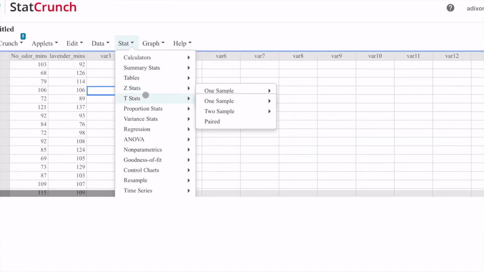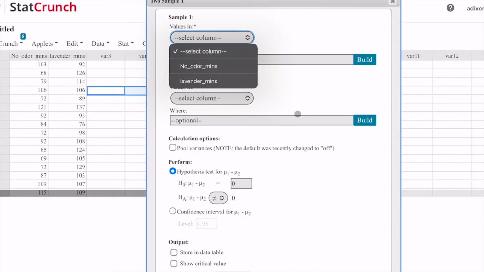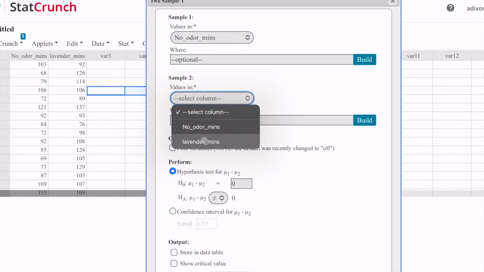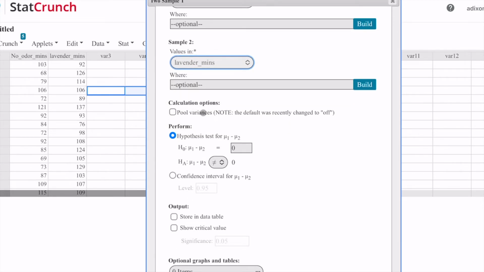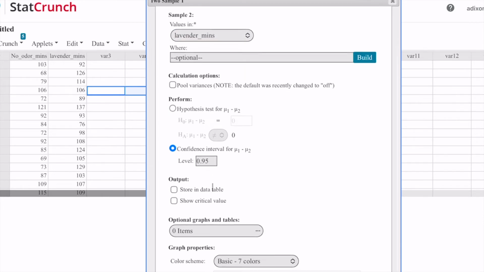Okay, so that's T-stats, two sample with data. Okay, so it needs to know, what's your sample 1? So we said sample 1 was no odor, so we're going to select that as our column for no odor. Sample 2 was with lavender, those minutes, okay? Once again, don't worry about pooling the variances. We're going to do a confidence interval, and 0.95 is the confidence level.